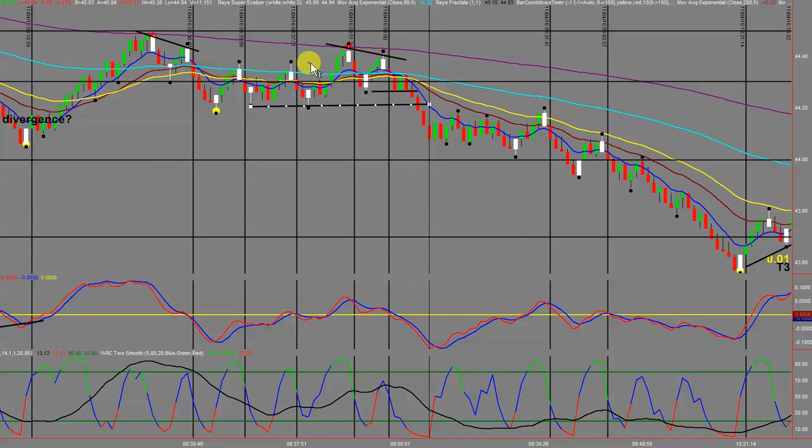Here we're ignoring these because we're looking for shorts. Our anchor chart is telling us to go short, so we're drawing a line off to the right. This one here is superseded by this one, so you draw that off. There is your entry on that candle there if you weren't game enough to take these, if you want to wait for a confirmation. And you can see here once again what improves your probability in taking these bounces is where you see you're getting a 34 bounce on your anchor chart.